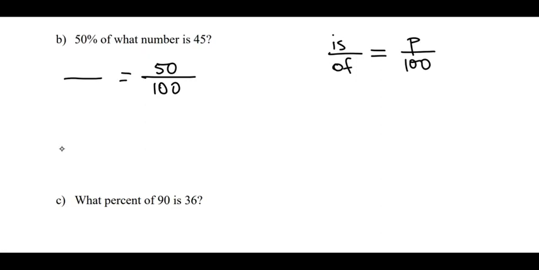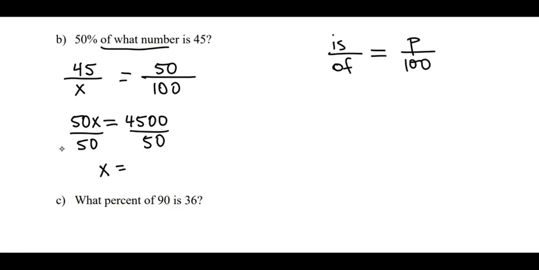We don't know the number that 50% is of, so that's going to be our x, and 45 goes on top. So we have 50x equals 4,500. When you divide by 50, x equals 90. Not 80, 90. x equals 90.